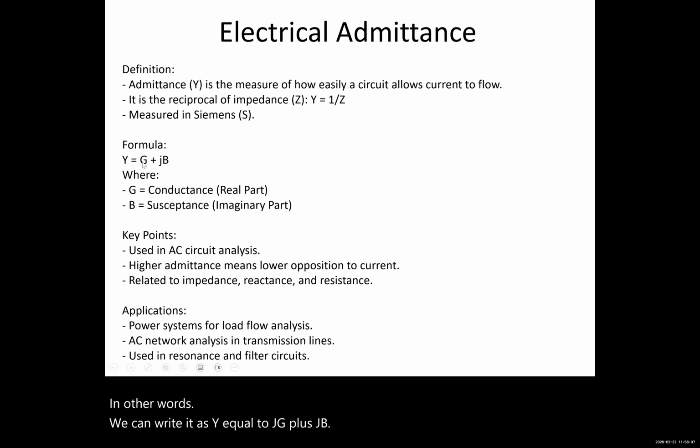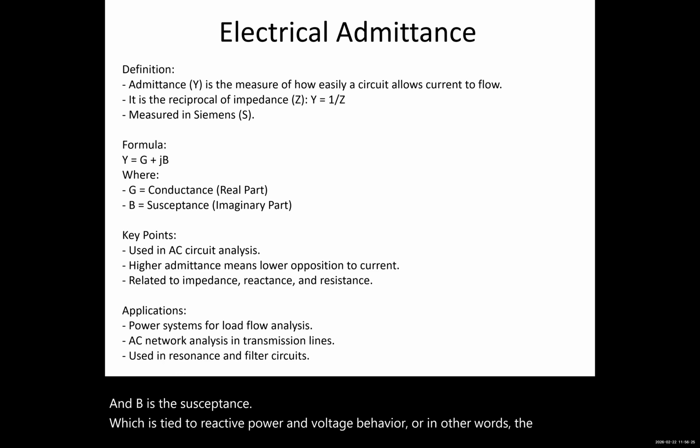Now, G is the conductance. It's tied to real losses. And B is the susceptance, which is tied to reactive power and voltage behavior. Or in other words, it's the imaginary part.